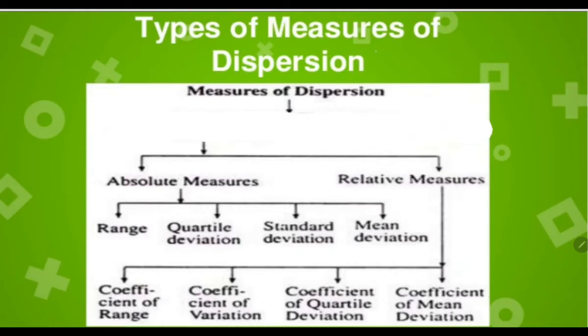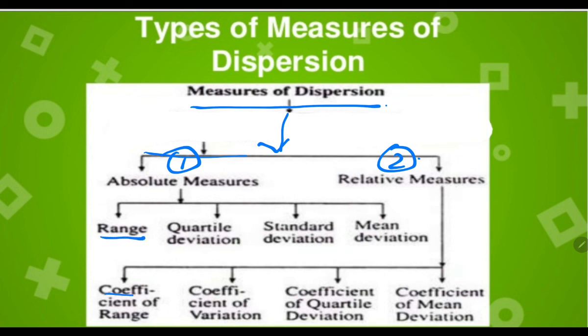Here you can see another chart. This is the measure of dispersion. In measure of dispersion, we have two types: one is called absolute measures, the other is called relative measures. We discuss both. In absolute measures, this is range and here is the coefficient of range. This is quartile deviation, and in relative measure, it is the coefficient of quartile deviation.